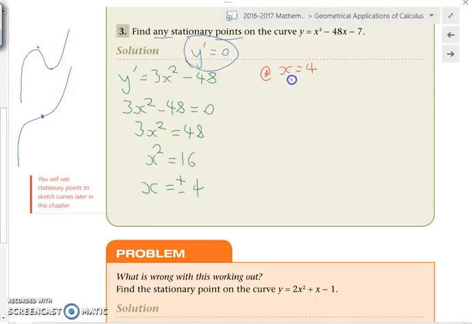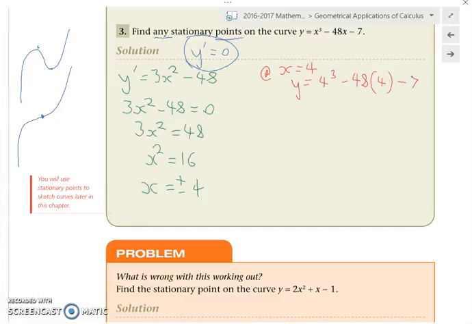At x equals 4, y equals 4 cubed minus 48 times 4 minus 7. 48 times 4, 160 plus 32, 192. Well, 128. That's minus 128 minus 7.